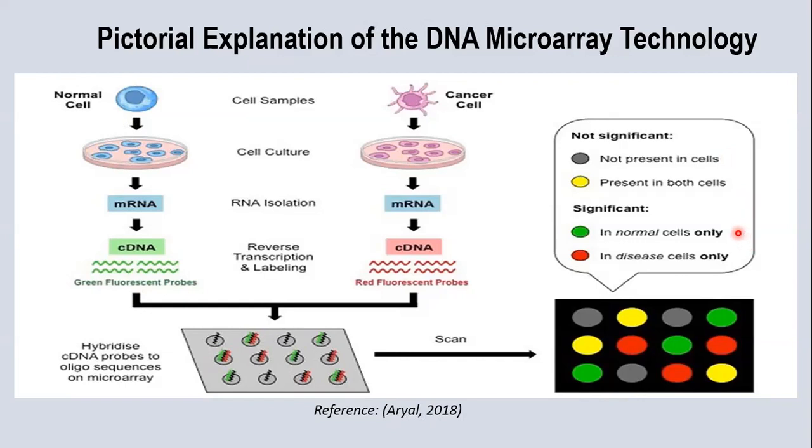If green color shows up, then these are the normal cells, while red color is always a sign of danger. So you can remember it easily: whenever red color comes, it means that this cell is diseased.